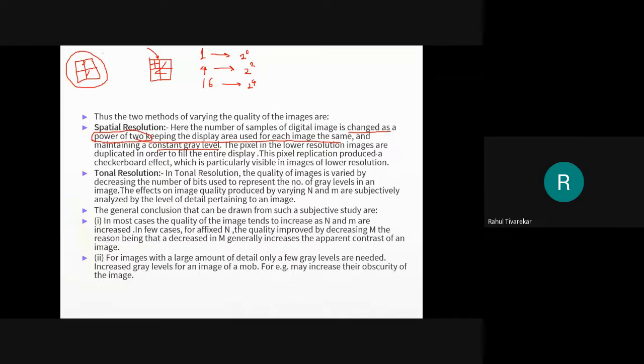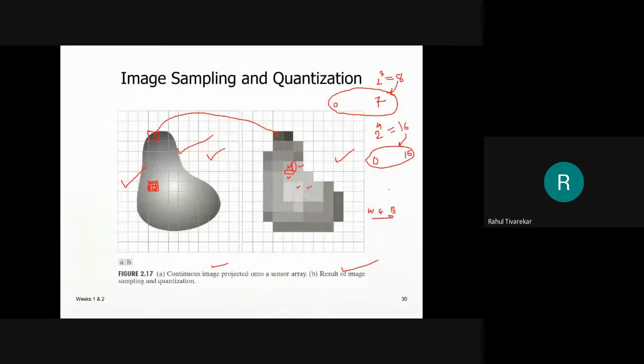The pixels in the lower resolution images are duplicated in order to fill the entire display. This pixel replication produces a checkerboard effect, which is particularly visible in the images of lower resolution. So we saw here that if this is an image having pixels of this size, and I introduce an image which has more pixels, then each of these individual pixels will be divided into 4 pixels, and accordingly the whole image will have more pixels.